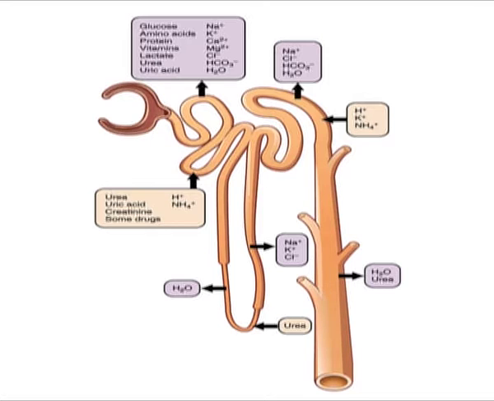As the filtrate descends deeper into the hypertonic interstitium of the inner medulla, water flows freely out of the descending limb by osmosis, while sodium chloride diffuses into it until the tonicity of the filtrate and interstitium equilibrate. Longer descending limbs allow more time for water to flow out of the filtrate. So, longer limbs make the filtrate more hypertonic than shorter limbs.